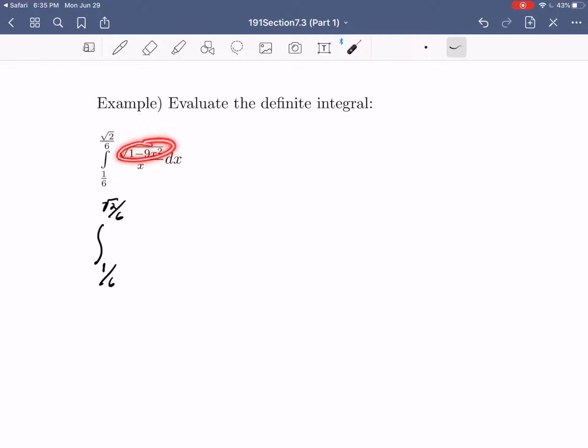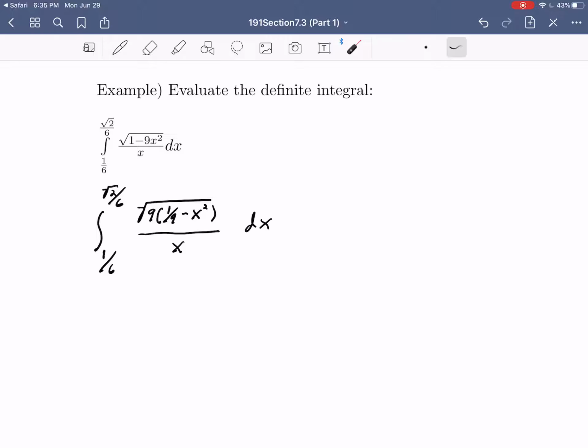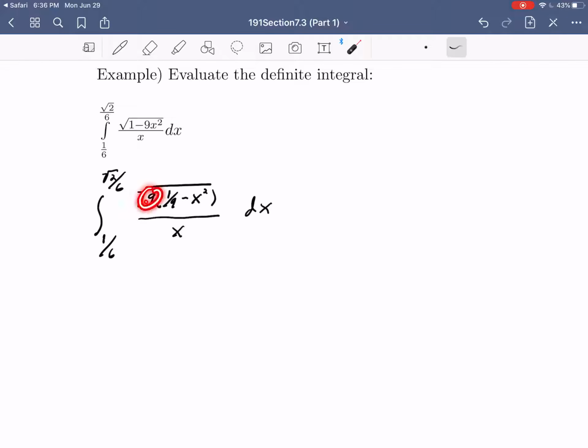You can think about this as 9 times 1/9 minus x squared over x dx. Right, so I can factor that 9 out even though the 1 doesn't have a factor of 9 by making it 1/9. That gives us our x squared. And then, of course, we can bring that 9 out of the radical as a 3.